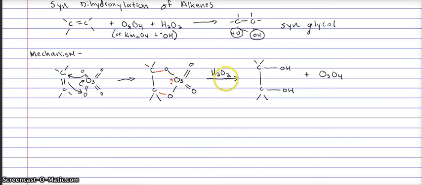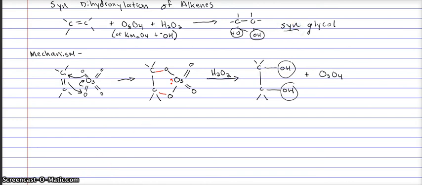The last step, don't worry about the mechanistic steps of it, is going to remove our osmium tetroxide, hydrogen peroxide. This will oxidize back our double bonds, and we will be left with our two alcohols, our diol, or our glycol. So do be familiar with all of those terms, and they will have the syn orientation.